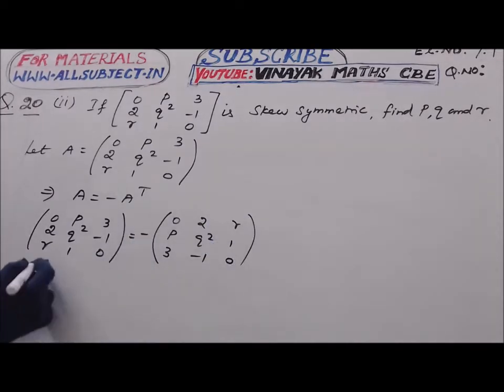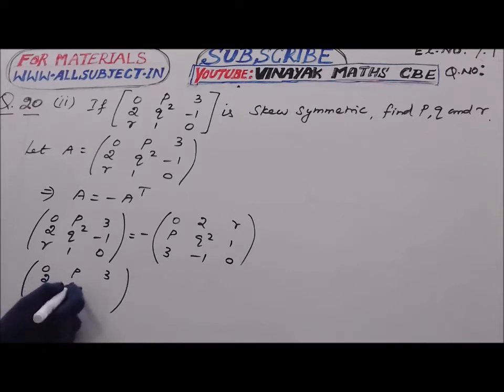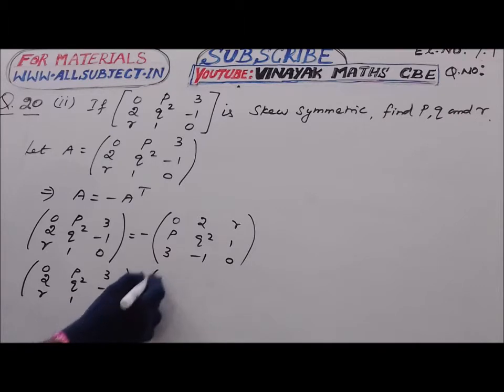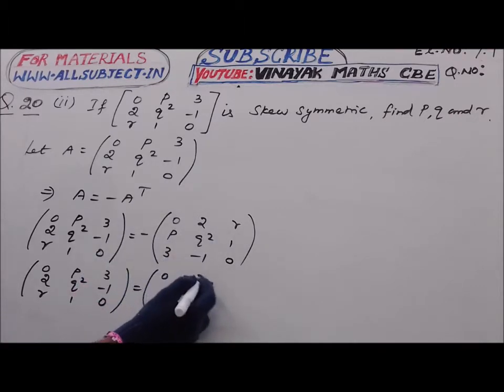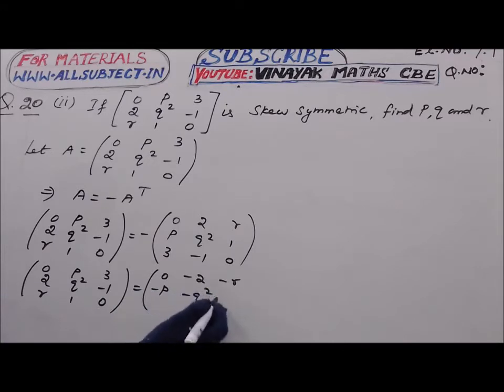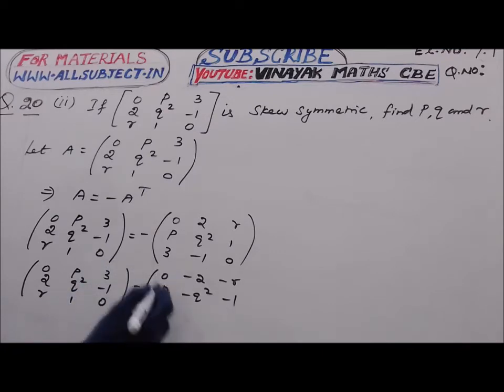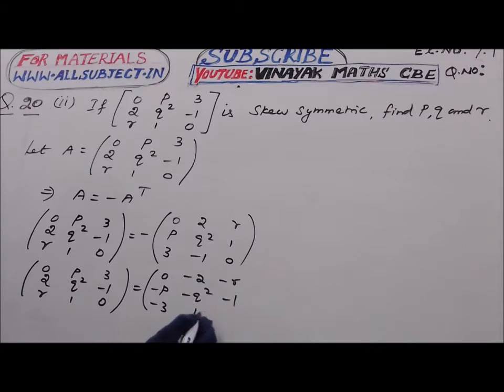Multiply minus inside: [0, -2, -R; -P, -Q², -1; -3, 1, 0].